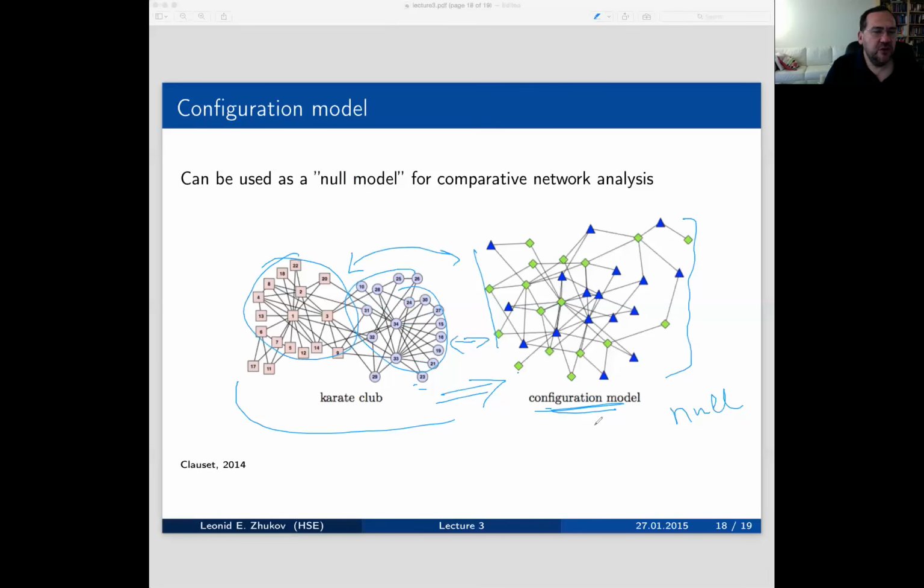One can show, I don't have a slide on this, that with the configuration model you can build any distribution you want. If your original graph has a power law distribution, the configuration model will have a power law distribution, and it also has small world behavior. But one thing it doesn't have is a clustering coefficient.